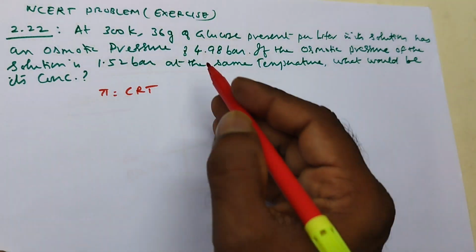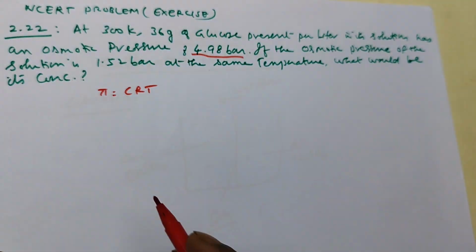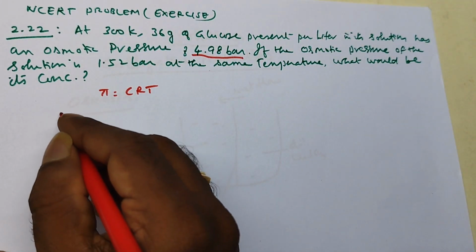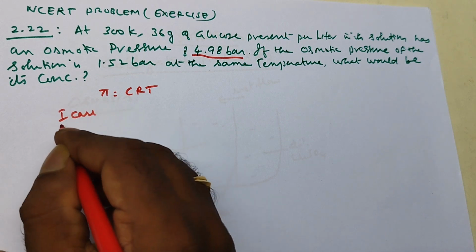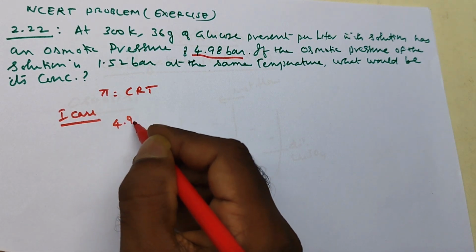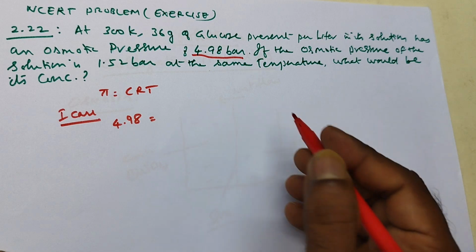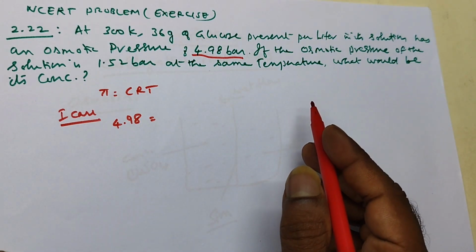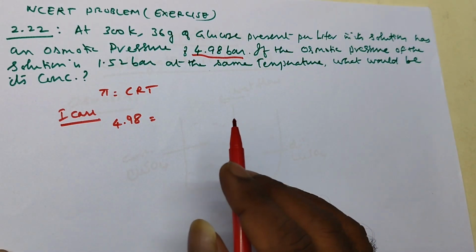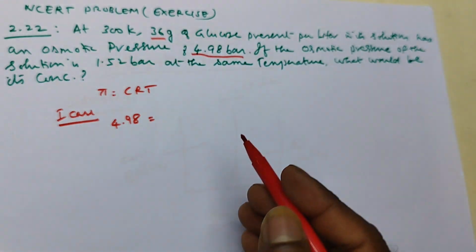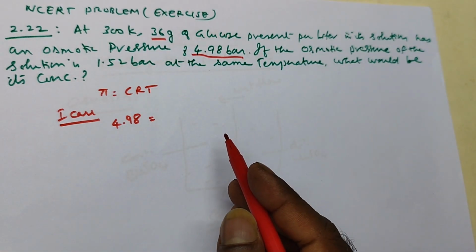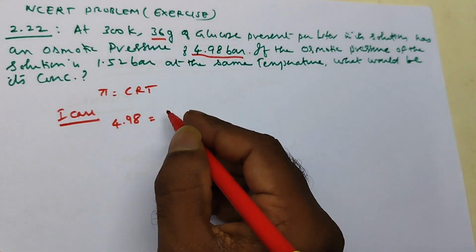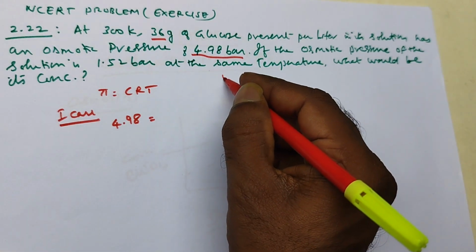There are two cases. In one case, they have given 4.98 bar. That pi is given. So you would say first case. So 4.98 bar is equal to, what is the concentration given? Yes, concentration is 36 gram of glucose they are given. So that is W2. You have to write the data first.